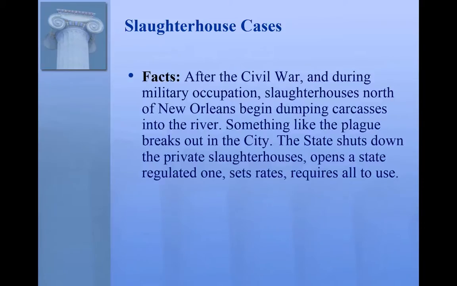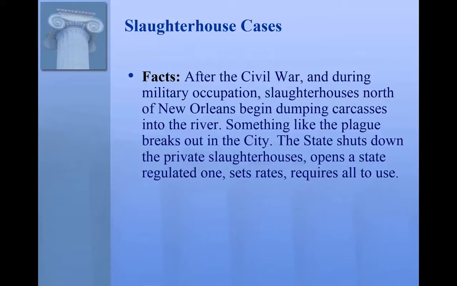The facts of this case are kind of interesting. After the Civil War, there's still a military occupation of the South. The city of New Orleans had actually fallen quite early in the Civil War, and the military continued its occupation. And while the military occupation is going on, the 14th Amendment is ratified.